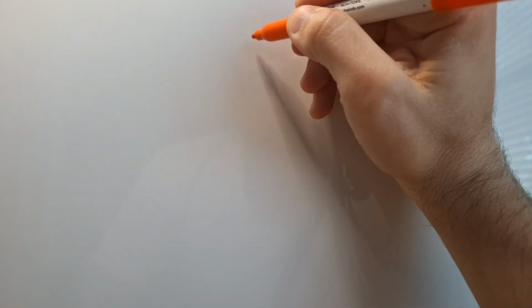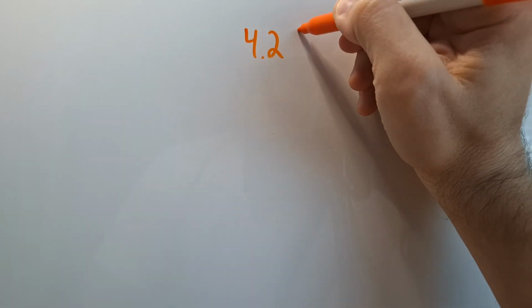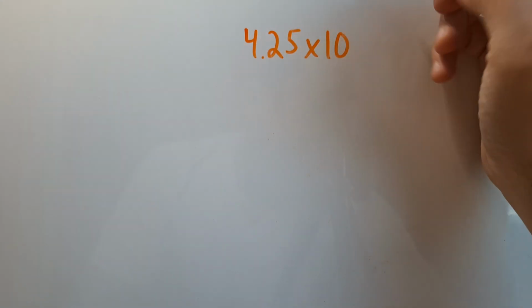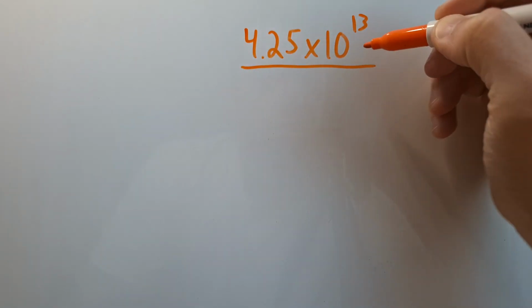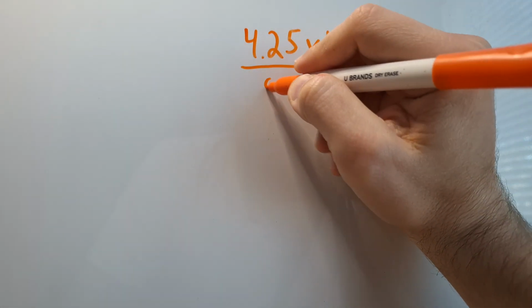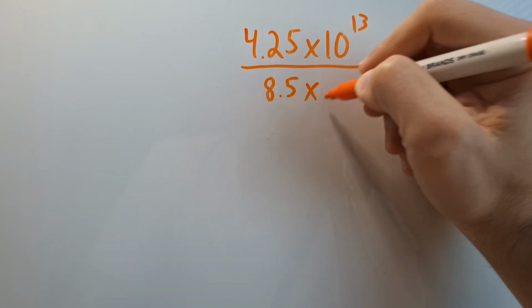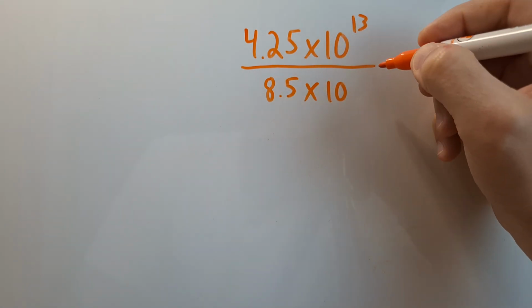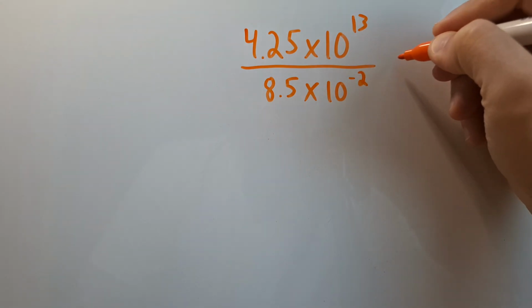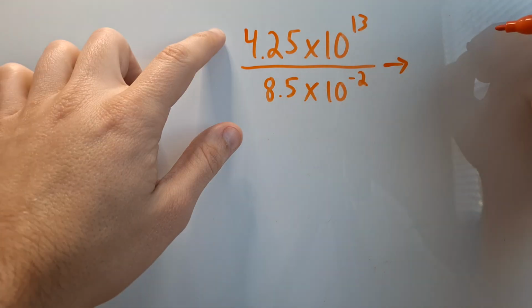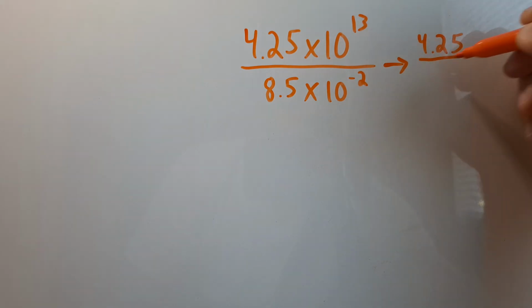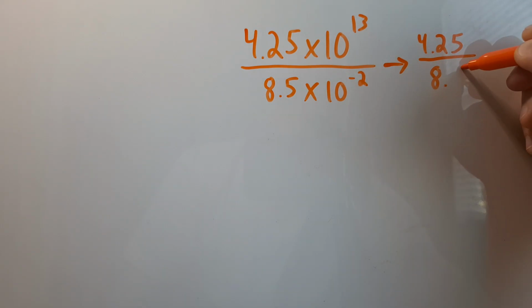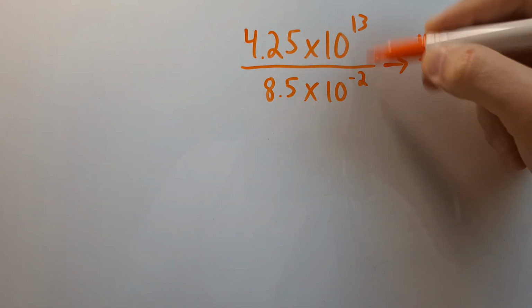Let's do one more example. Let's do 4.25 times 10 to the power of 13, and we'll divide this by 8.5 times 10 to the power of -2. Numbers first, and then exponents.